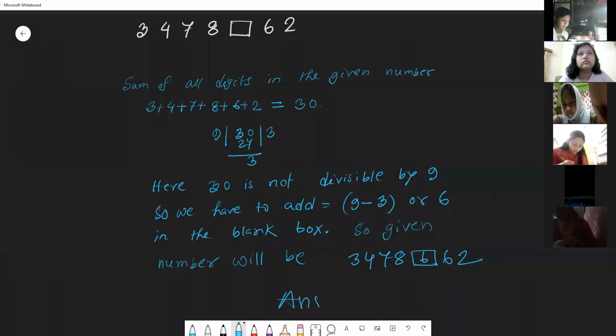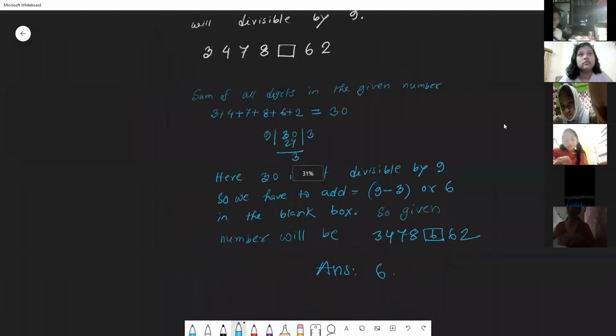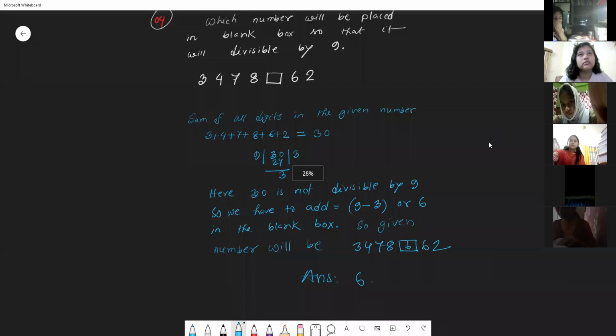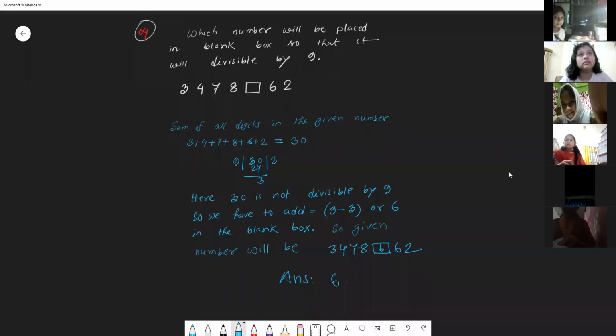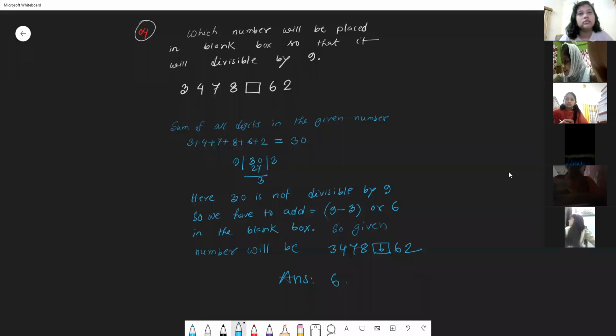The final answer inside the blank box is 6. So this is our answer. Now I think you can see the whole question at a time.